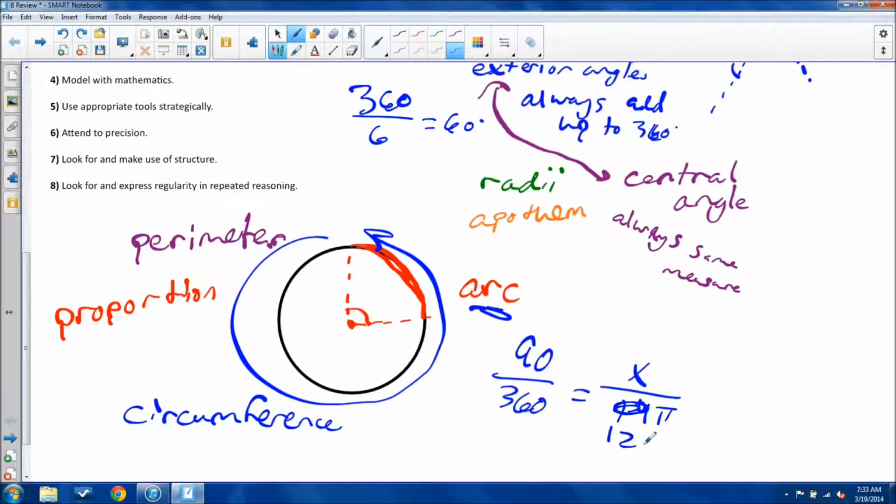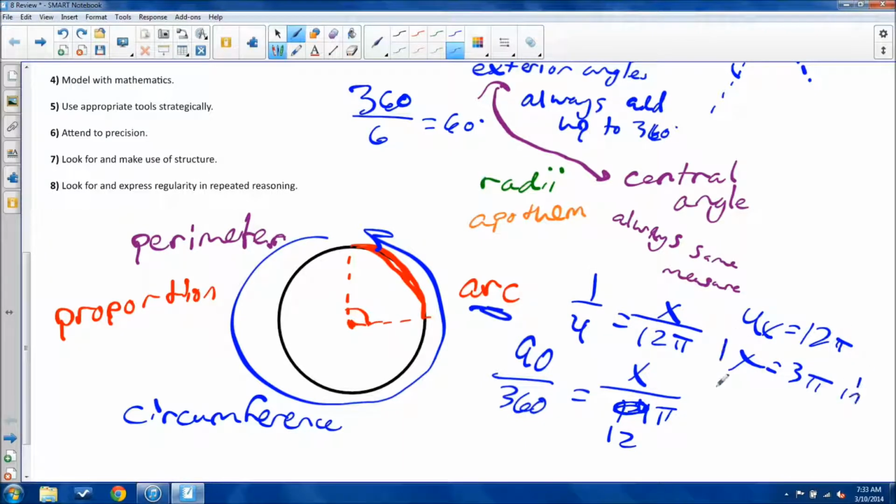Let's say 12 pi. And this is 1/4. It's going to be reduced to 1/4. So now you cross multiply: 4x equals 12 pi, x equals 3 pi, let's say inches, whatever it is. So while the entire circumference is 12 pi, this is just 1/4 of it, which is 3 pi.